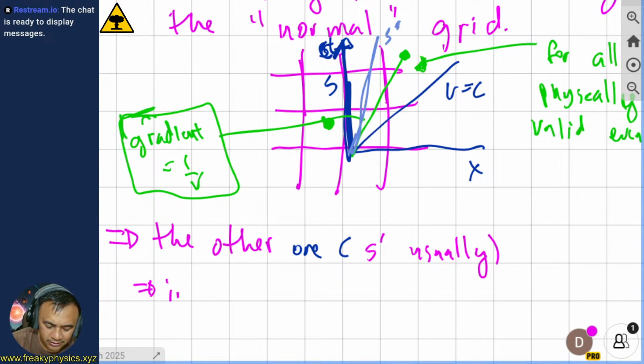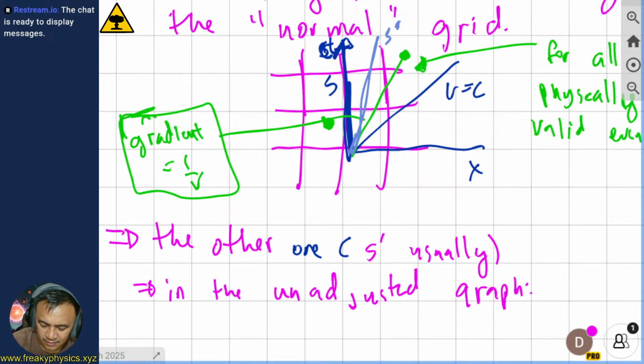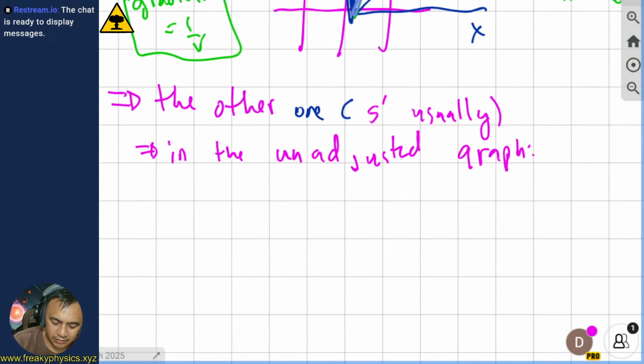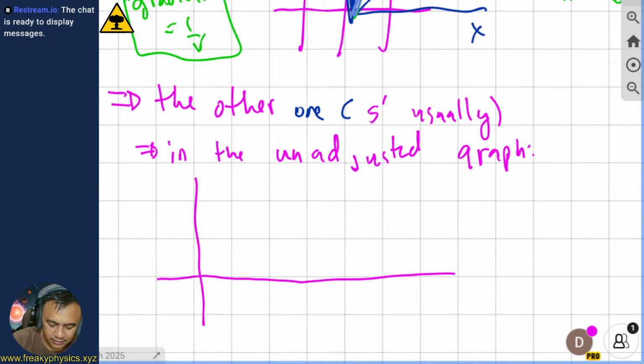In the unadjusted graph, we will have to draw this again. So for example, let's put it back. This is S prime.